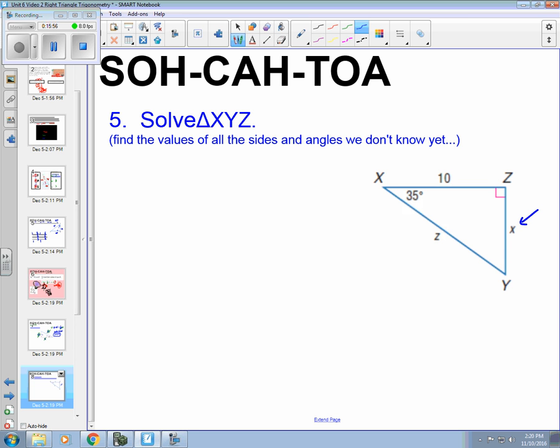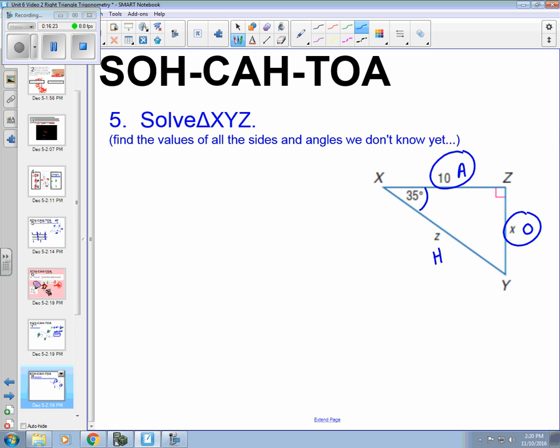Again, label the sides. What are all the sides going to be? Well, if this 35-degree angle is the one we're using, that makes x our opposite side because it's opposite the angle. 10 would be our adjacent side because it's next to our angle and it's not the hypotenuse. Hypotenuse is always the longest one across from the right angle. So if we're going to find x here, it appears we're using opposite and adjacent.